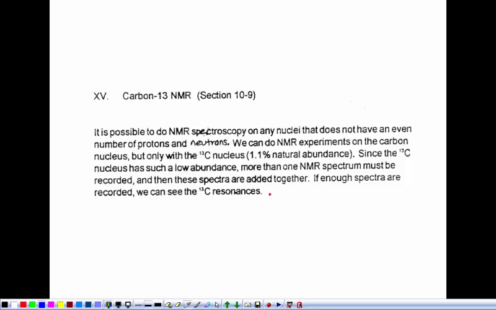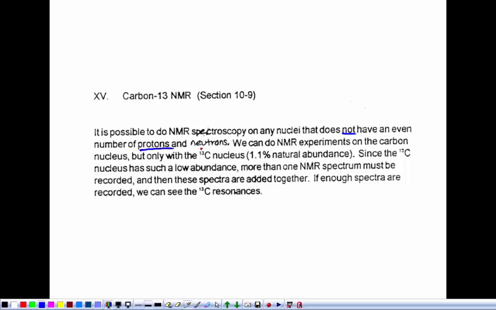Carbon is mostly carbon-12. It would be great to get the carbon in an organic molecule. Because what's an organic molecule made of? Carbon and hydrogen. So if I could get a spectrum of both of the two major elements in an organic molecule, I could figure out its structure.